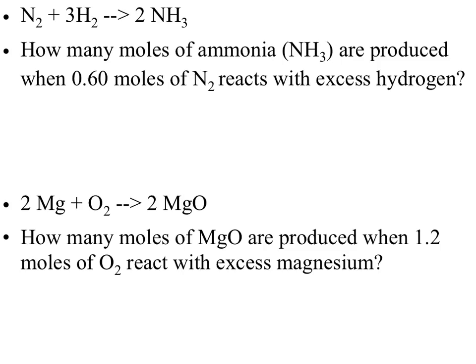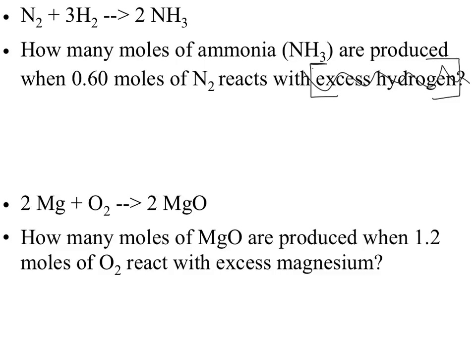So let's look at an example problem. How many moles of ammonia are produced when 0.6 moles of nitrogen reacts with excess hydrogen? This excess hydrogen just tells me that I've got plenty of it, so I don't need to worry about the hydrogen. It's just a distractor in this problem. So let's figure out who our knowns and our unknowns are.